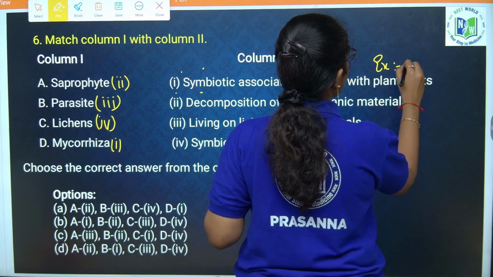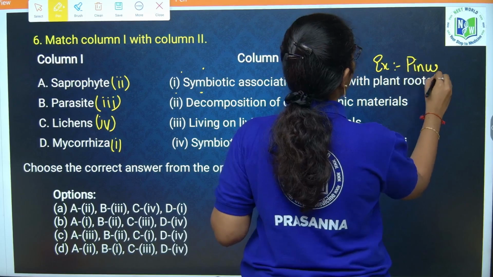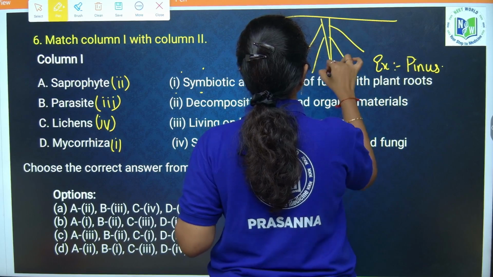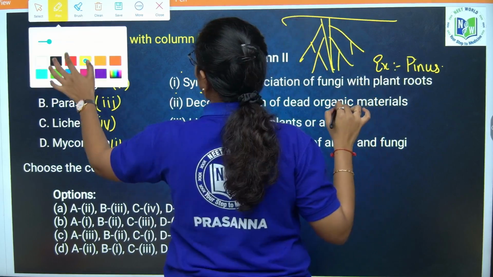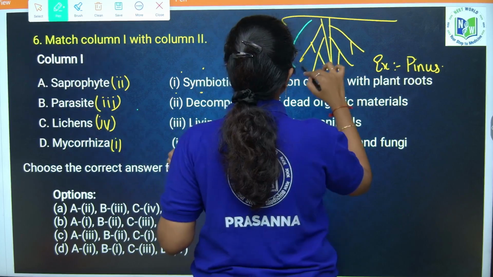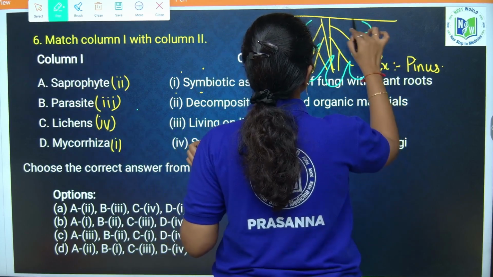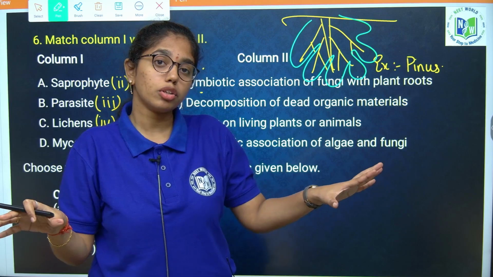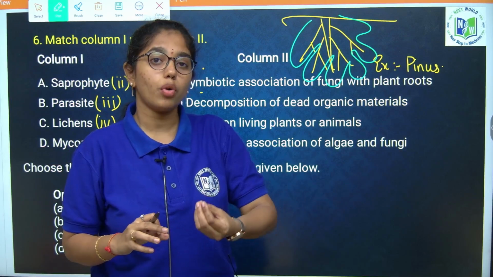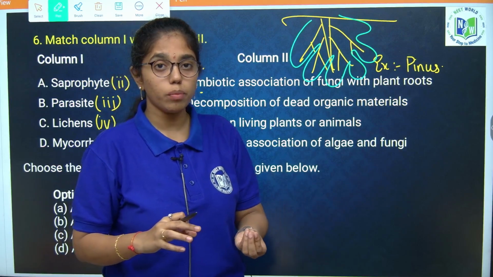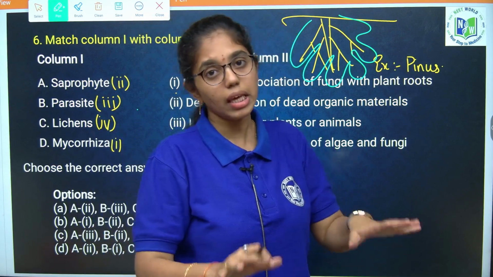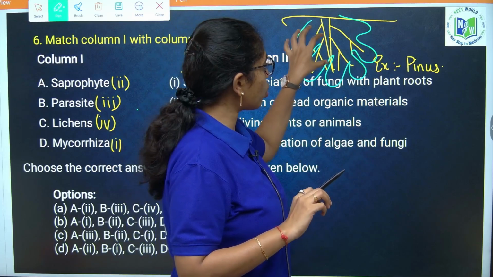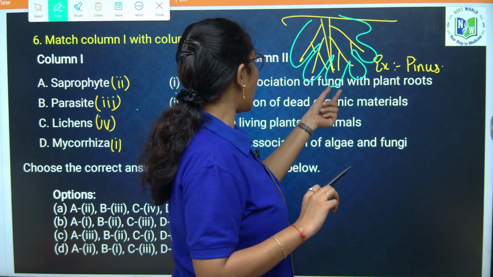An example is Pinus, which has a taproot system, and fungi form a web around this root system so that the roots can extend far into the soil. They can absorb more water and minerals by increasing the surface area. This is the benefit of the association between the roots of Pinus and fungi.